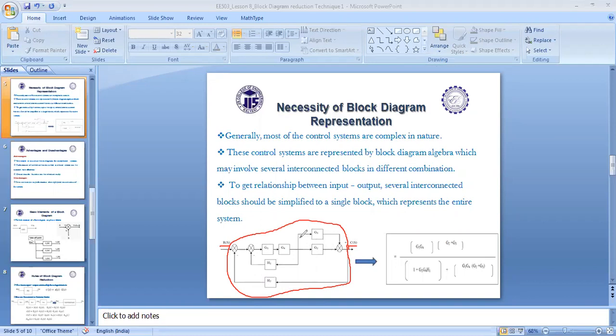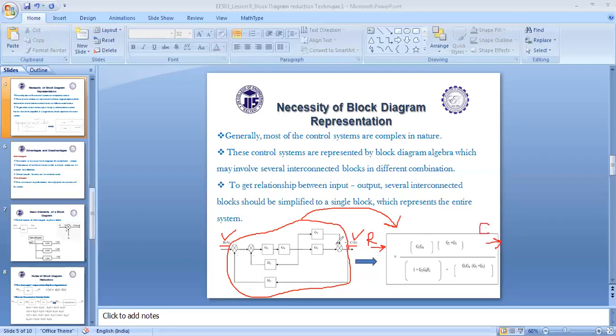But if you want to get relationship between output and input, what you need to do? You need to convert these several connections, these several interconnected blocks into a single block whose input will be R(s) and whose output will be C(s).